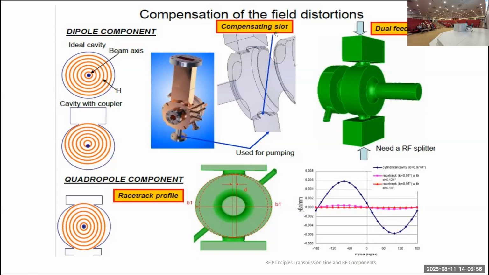Here we have shown how these compensating slots are defined, and secondly, we can also couple RF field from two slots, but we need to be very careful that a phase difference between two slots can cancel the field inside the cavity.